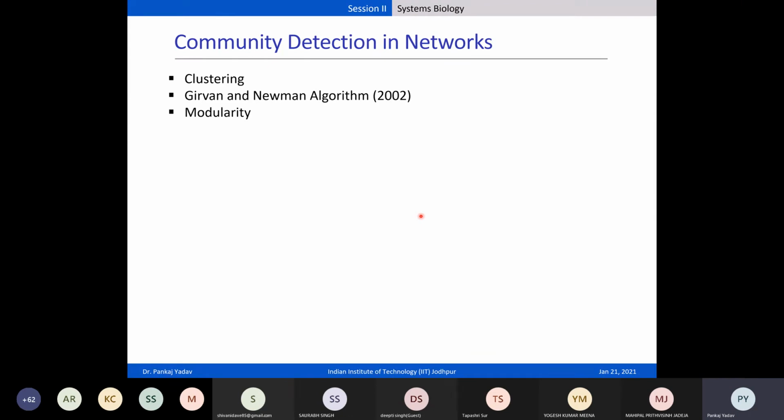You will see which genes or which proteins or groups of proteins are involved in some biological pathway, or in some disease mechanism, or somehow they are interacting, or they are always seen together in biological networks.